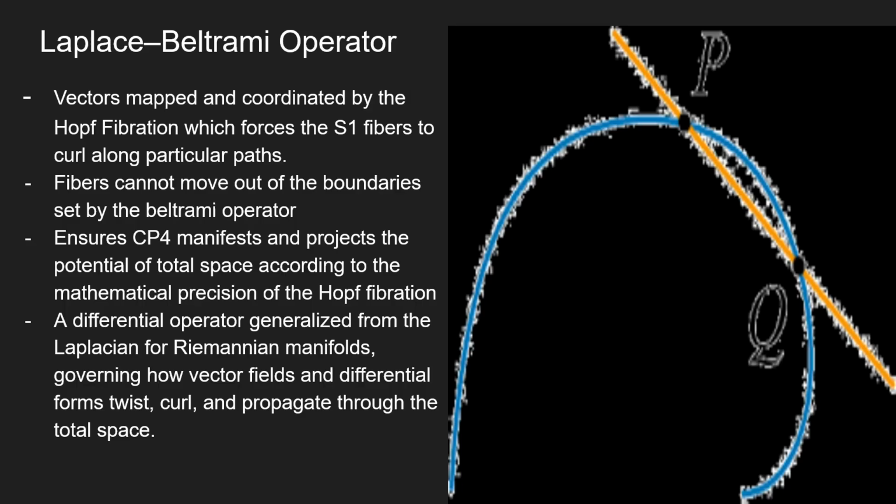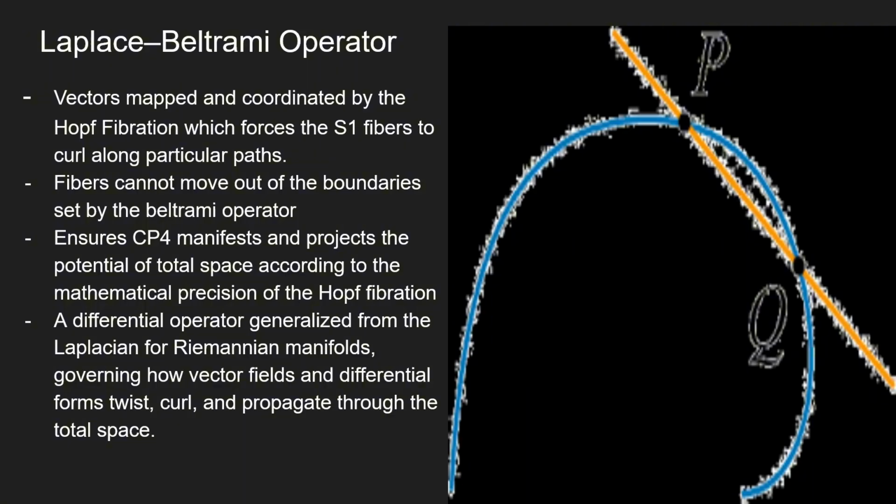So it lays out a map, and this Beltrami operator just basically reads the map and then performs its actions with the mathematical precision that the map set for it. It's a differential operator generalized from the Laplacian for Riemannian manifolds. So the Laplacian is just basically how each different space or particular fiber is different from one another.